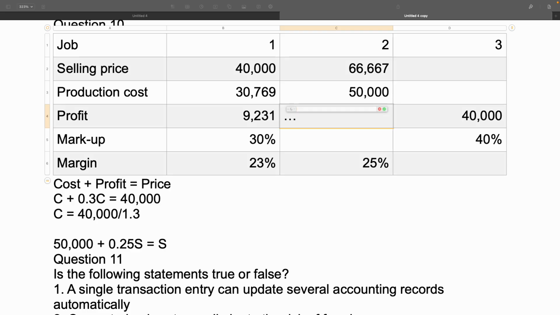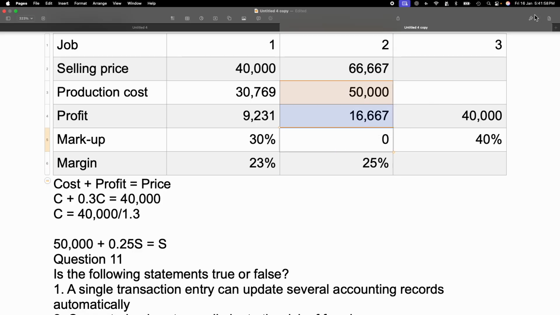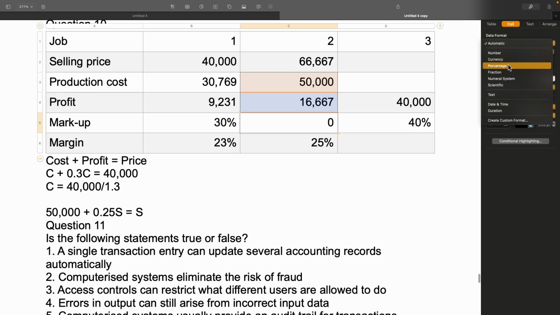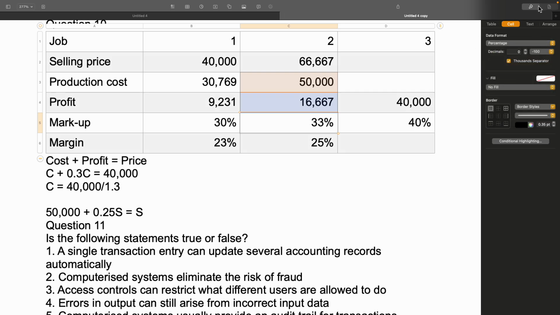And therefore the profit is going to be, markup is going to be 16,667 divided by this number. Should be 33%.